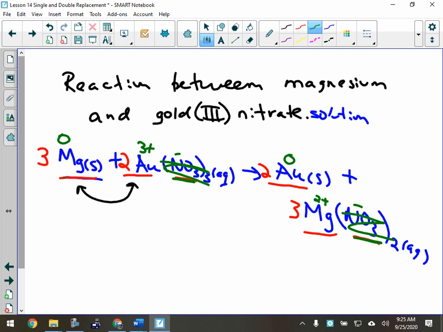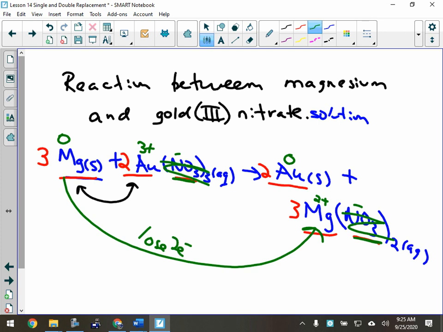How does magnesium become magnesium 2 plus? How does that happen? Sydney, what do you say? Yeah, 2 electrons are lost, right? So I lose 2 electrons here.